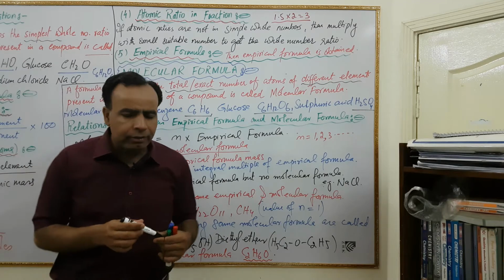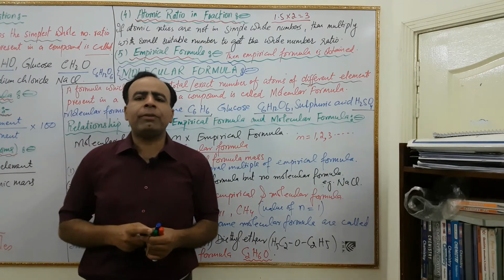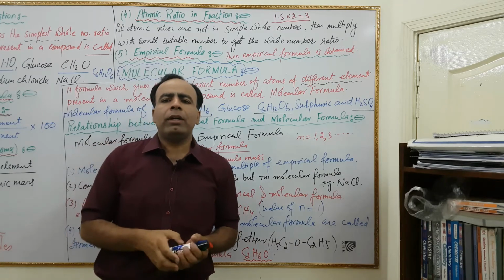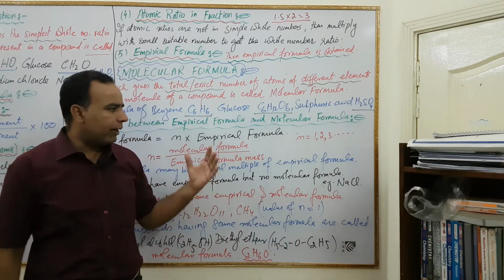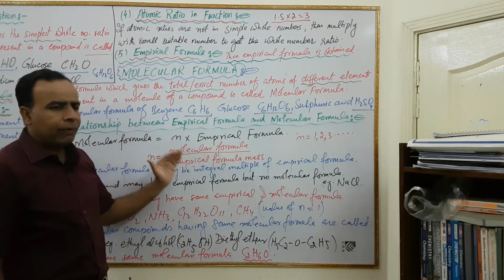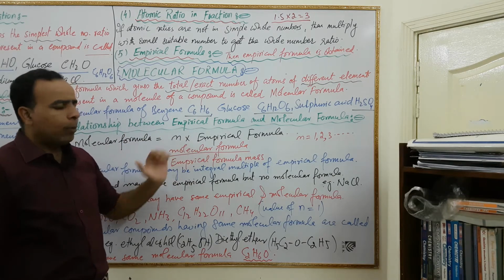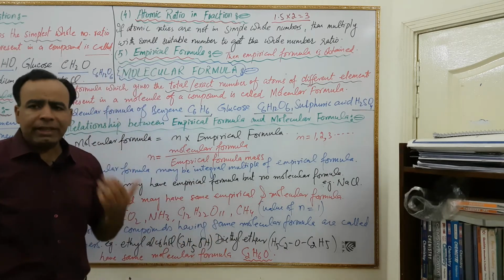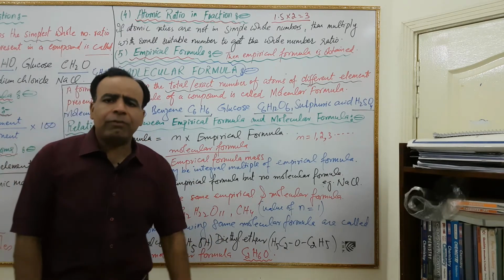Now, dear students, what is the relationship between empirical formula and molecular formula? Dear students, there are different points in which we can find out the relationship between both the formulas. Point number 1: molecular formula may be an integral multiple of empirical formula.